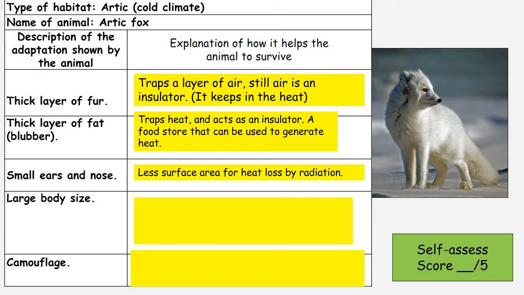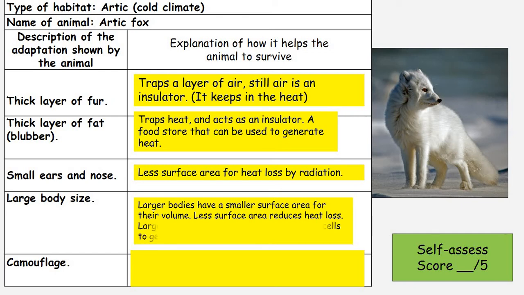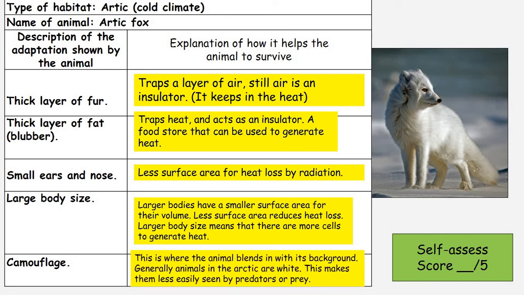So there's a smaller surface area to volume, and therefore less heat loss by radiation, which is important. Larger bodies have a smaller surface area to their volume, which reduces the heat loss. And the larger body size means that there are more cells to generate heat.